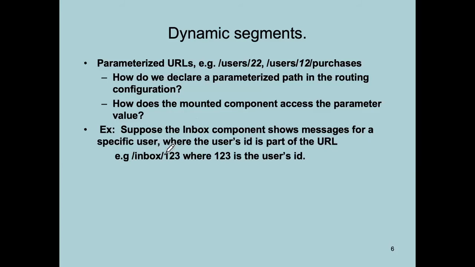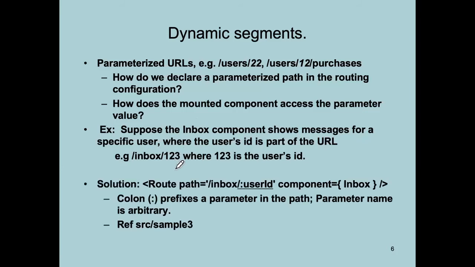We want the inbox number after the inbox static part in the URL. So the 123 in this case is the variable part, and it reflects the user's inbox ID. And this is how we express it in our routing configuration.